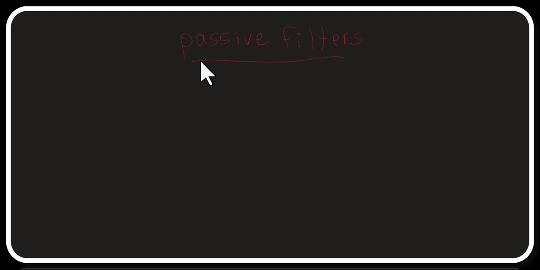Passive filters contain only passive elements, such as resistors, capacitors, and inductors. So if you want a large output amplitude filter, then you would have an active filter, and that's not what we're looking at right now, although you will look at those in electronics.